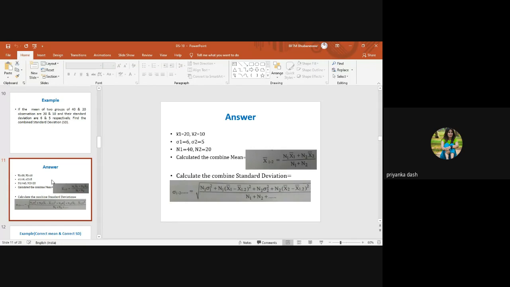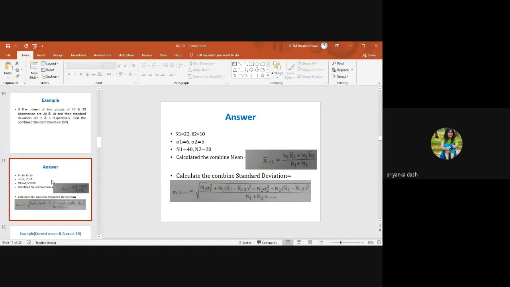N2 value is 20 and x2 bar value is 10, so N2 x2 bar is 200. Total is 1000, divided by 60. Value of combined mean is 16.67.